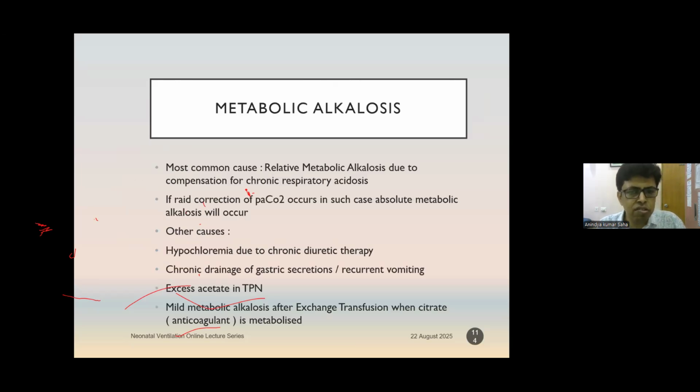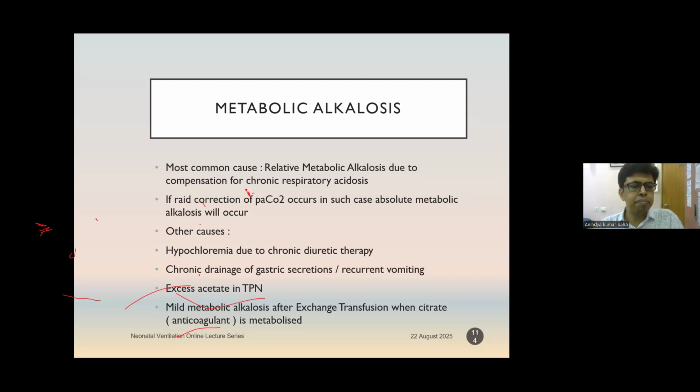So metabolic alkalosis is mostly seen as a compensation due to chronic respiratory acidosis, and it more often happens or is accentuated in the background of respiratory acidosis if the baby is having chronic diuretic therapy or hypochloremia, or in some surgery patients with recurrent vomiting or chronic drainage of gastric secretion through ileostomy or colostomy.